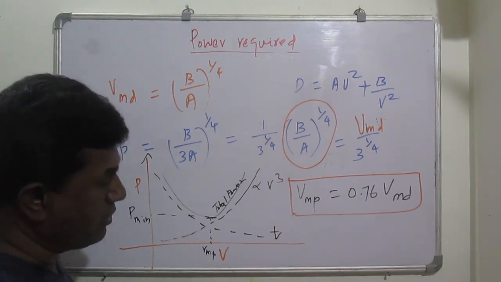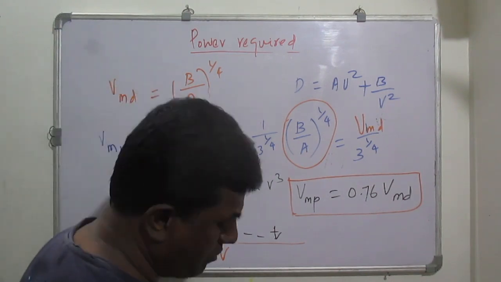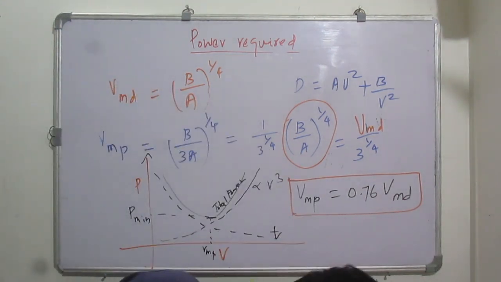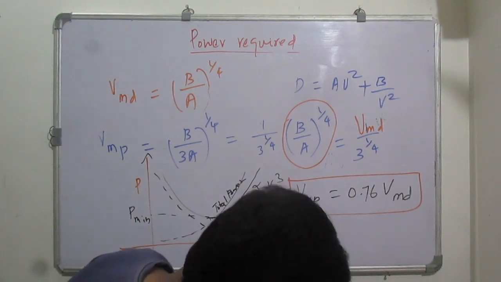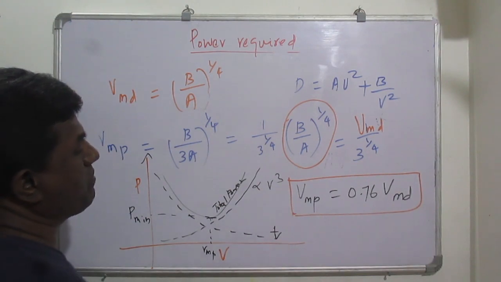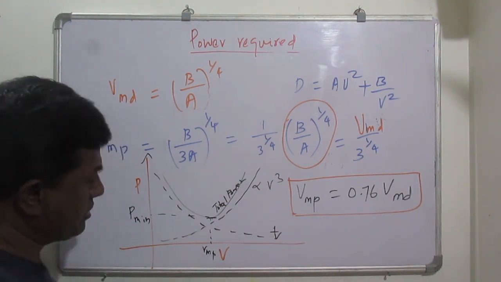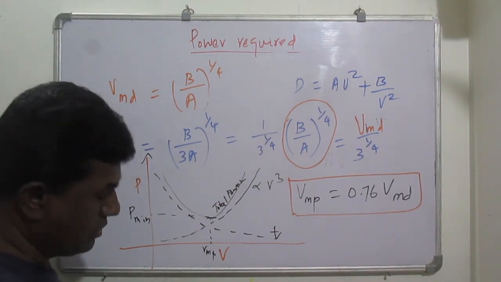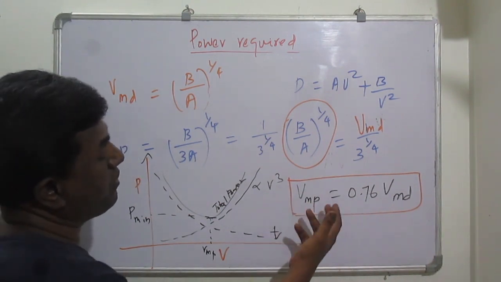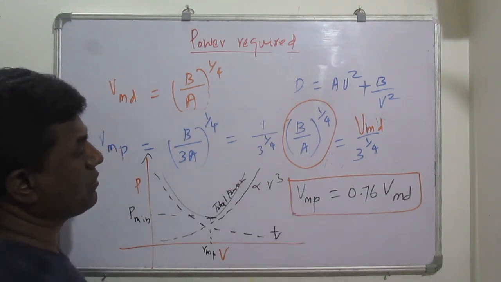Now let us find the value of CL minimum power and CD minimum power, and from those values also we can come to this conclusion.